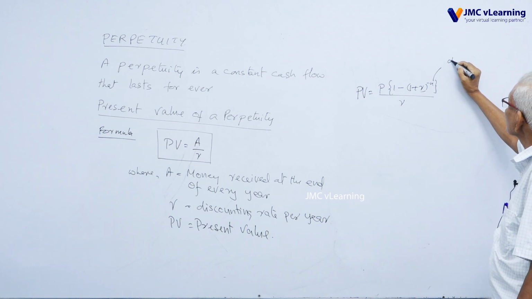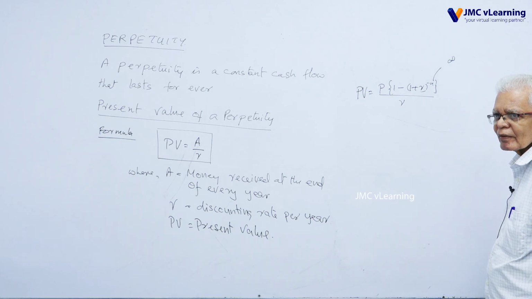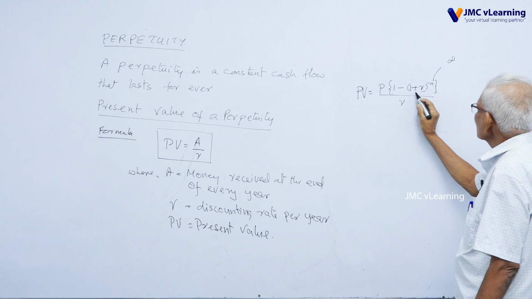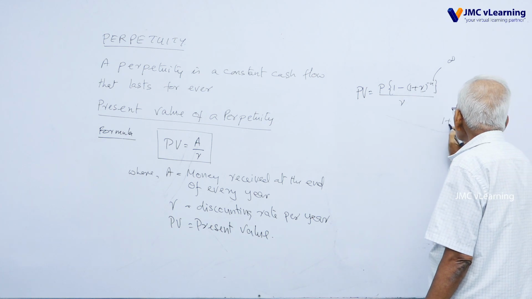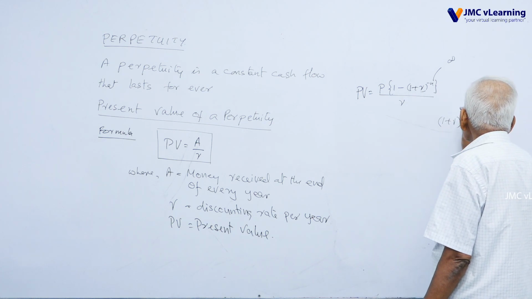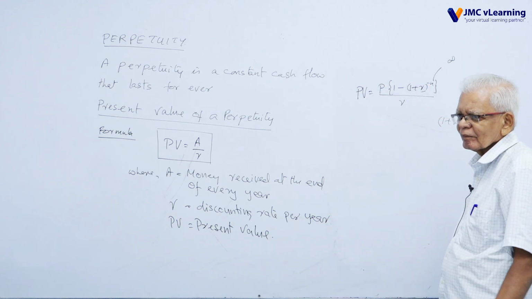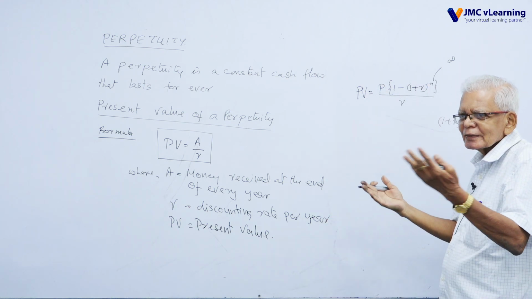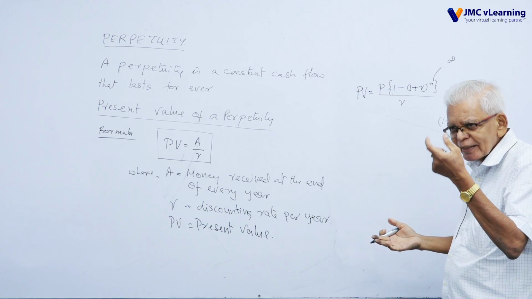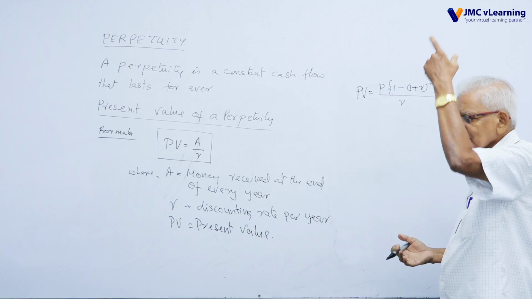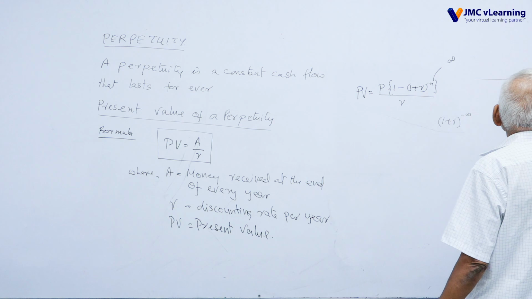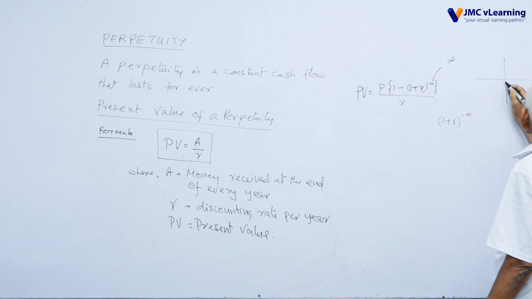N becomes infinity. Then 1 plus R to the power minus infinity. Infinity means a very large number. No one can say what infinity is; it's only a concept. When you draw the x-axis and y-axis, with 0 here, 1, 2, 3, 4, what is the end value?